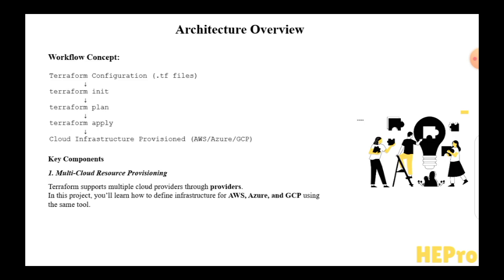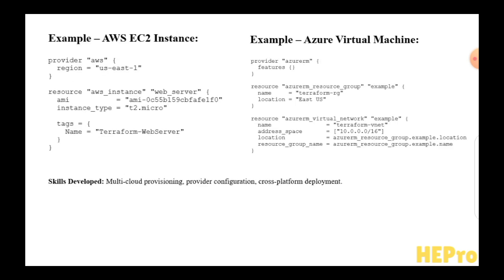Finally, terraform apply provisions the infrastructure on your chosen cloud platform, whether AWS, Azure, or GCP. In this project, you will learn how to leverage Terraform providers to define multi-cloud resources, allowing you to manage and deploy infrastructure consistently across different environments. This hands-on approach teaches you scalable, automated, and repeatable infrastructure deployment. Moving on in the next slide.